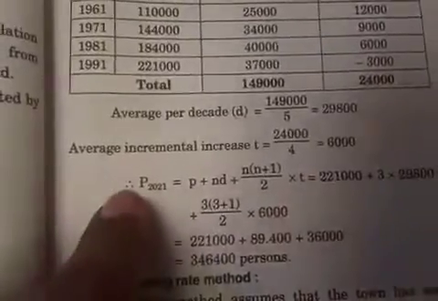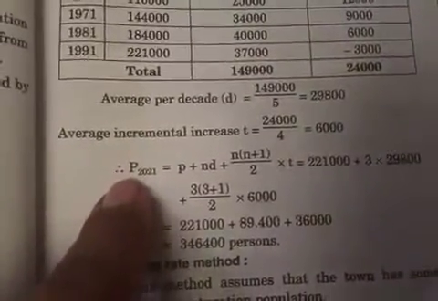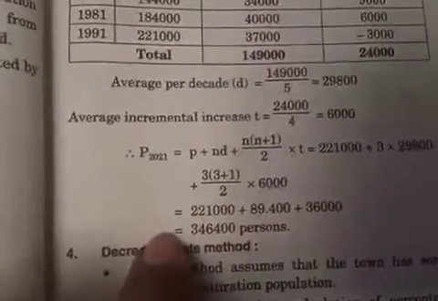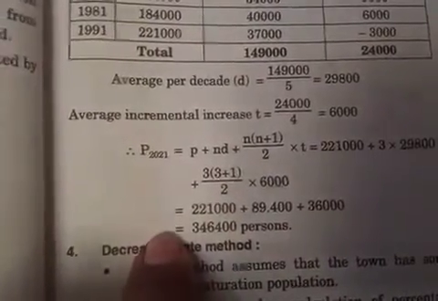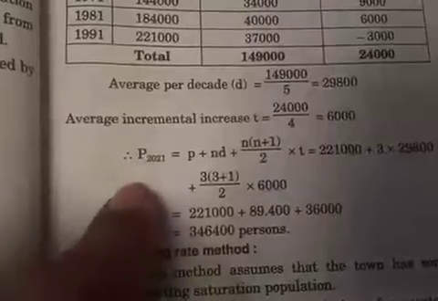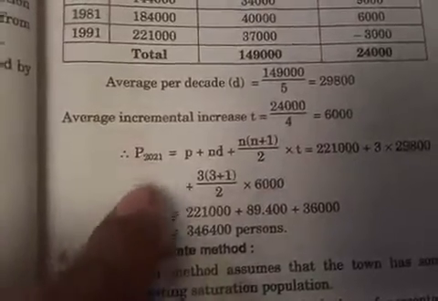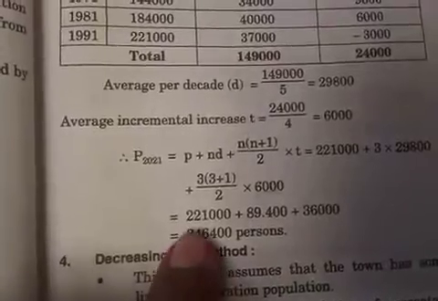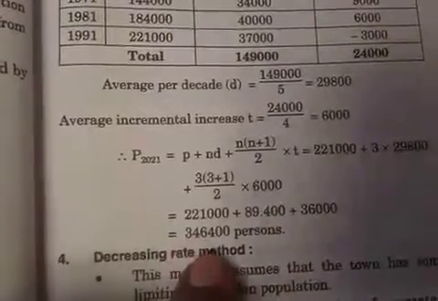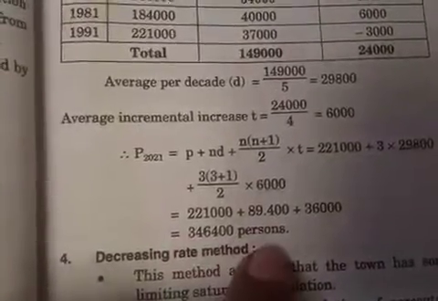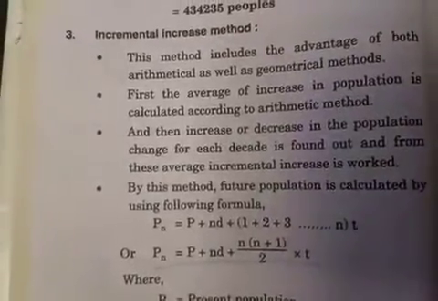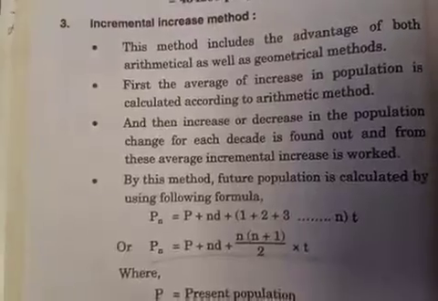Now calculate the future population at year 2021. The total population at the end of 2021 will be 3,46,400 persons. Now this is the third method, the incremental increase method.